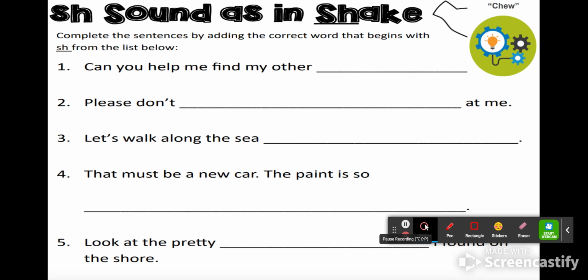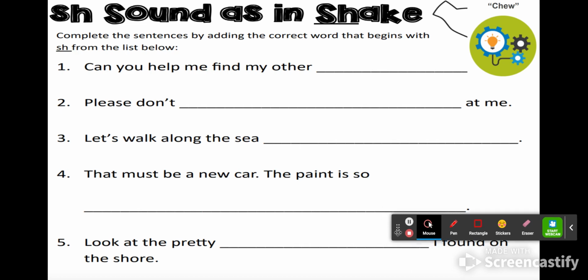Number 1, can you help me find my other? What word would you put right there? Number 2, please don't at me. What word would you fill in for that part? Number 3, let's walk around the sea.